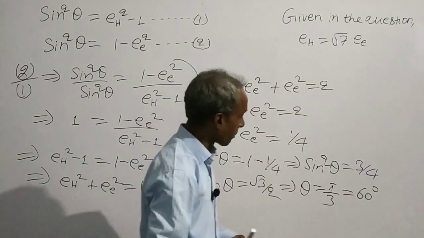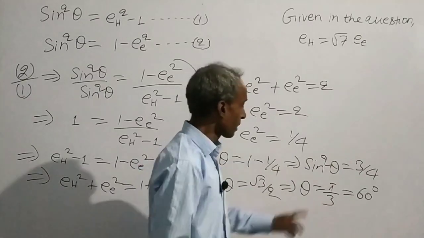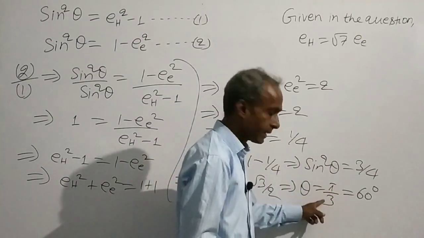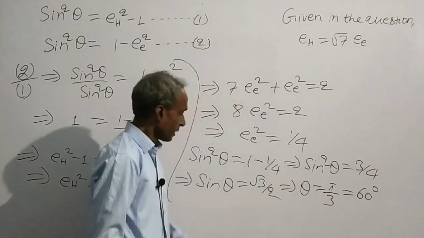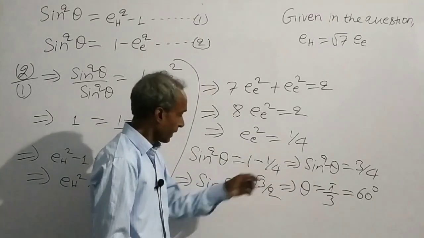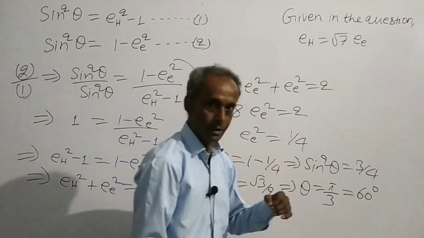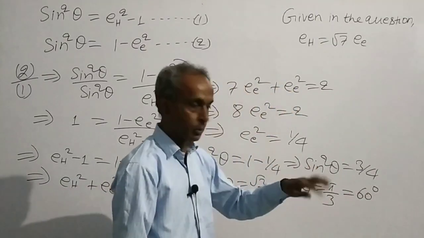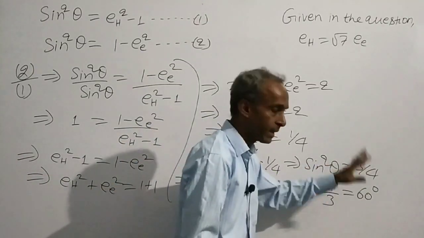And this angle pi by 3 is given in one option. Therefore, the option in which pi by 3 is given will be the correct option. If we take sin theta is equal to minus root 3 by 2, then we don't get any option. Therefore, we will not take sin theta is equal to minus root 3 by 2.